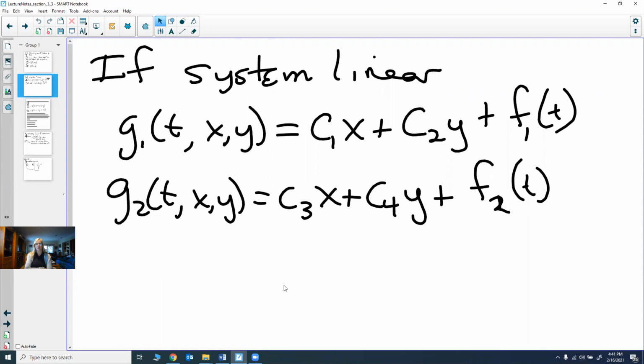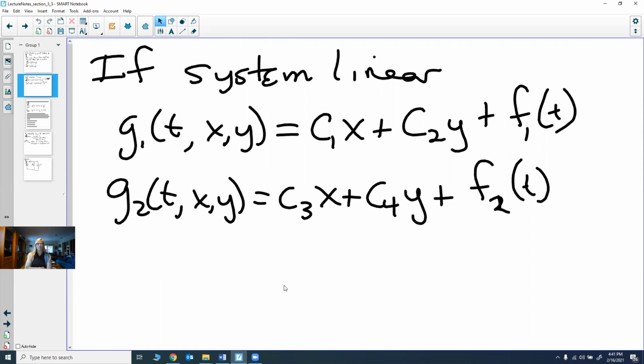Notice the x and y are to the first power, so they are linear. I don't care what f1 of t is. It could be a nonlinear function, but it just involves t, it doesn't involve x and y. The pieces that involve x and y are linear.